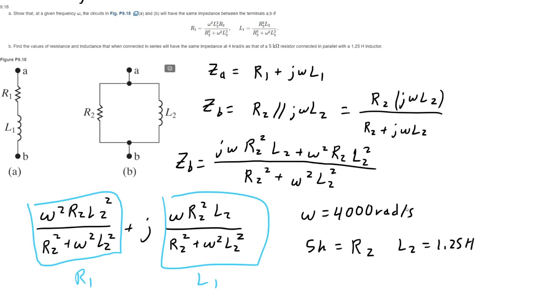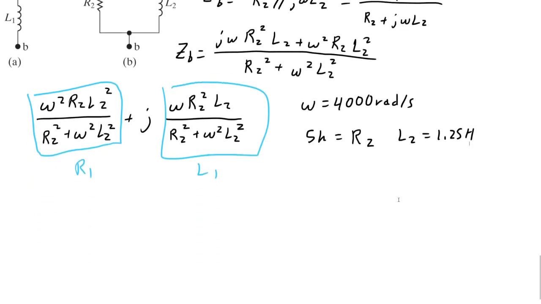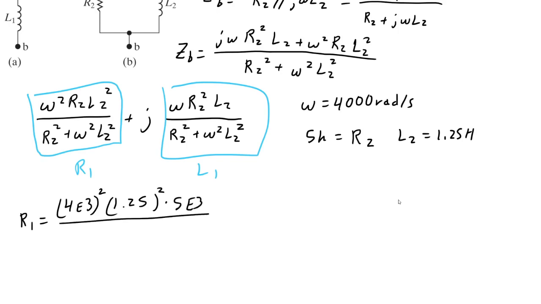So we want to find out what values for L1 and R1 will result in the same impedance at this frequency. So what we're going to do is basically plug and chug. R1 is going to be 4,000 squared. I'll just do it in scientific notation. 0.25 squared for L squared. And then 5.3. Let me write that again because that's kind of hard to see. That's 5,000.